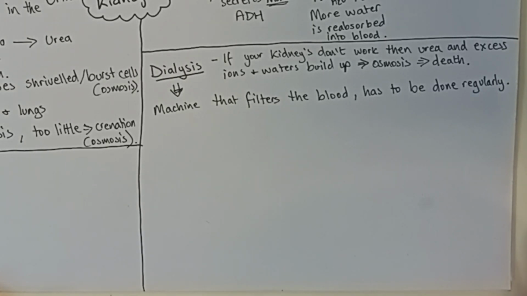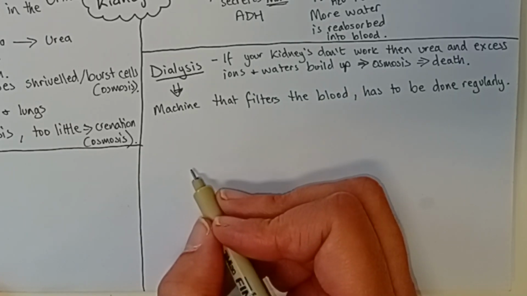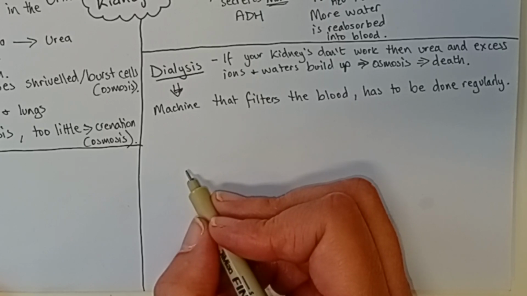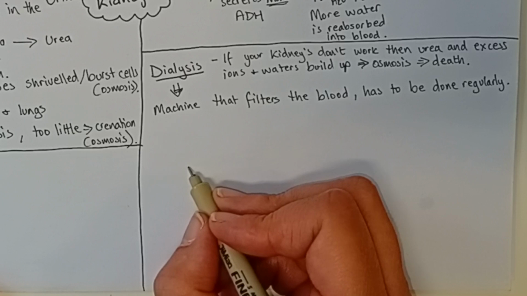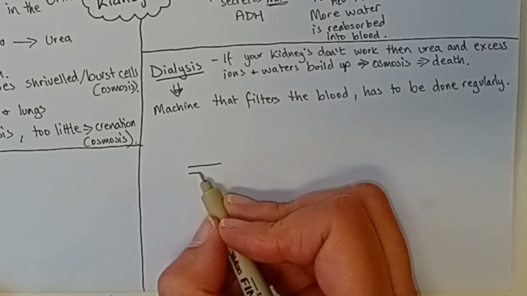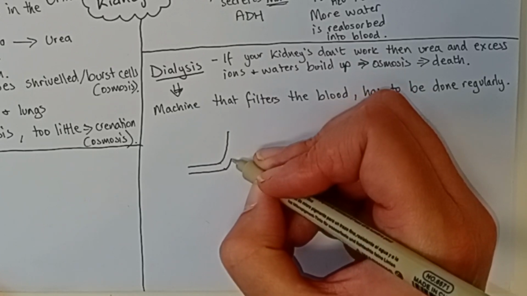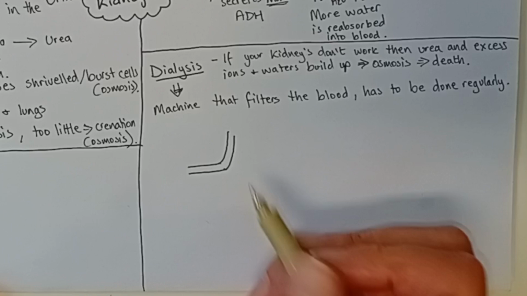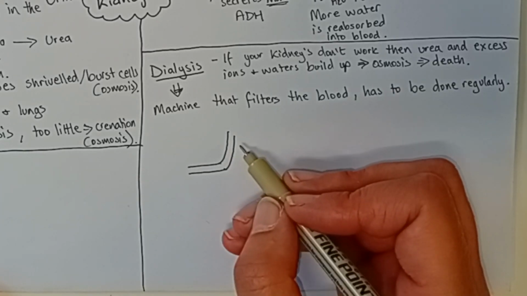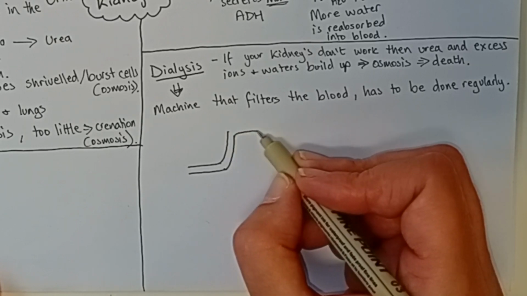Let's have a look at how dialysis works then. We are going to draw out a dialysis machine. So dialysis filters the blood. So the first thing is that you have to have a needle put into your arm or any other blood vessel. I know someone that had to have one put in their neck. And the dialysis machine is connected to a large tube that acts like the fake tubules of the kidney.